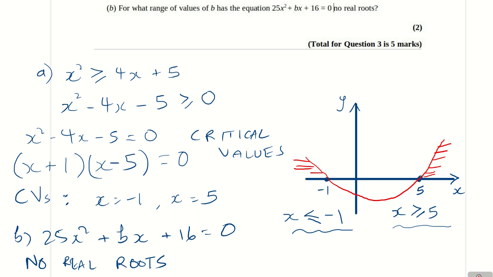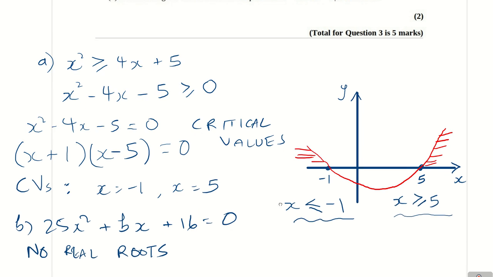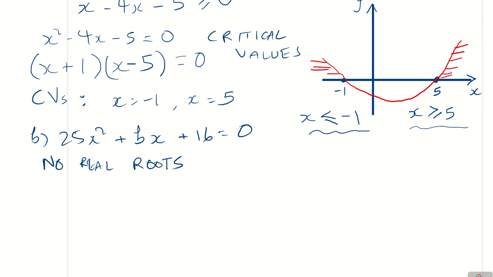Now remember that if the equation were to have roots, then we'd be able to find them by using the quadratic formula. Now remember that in general, a quadratic we can write like this.